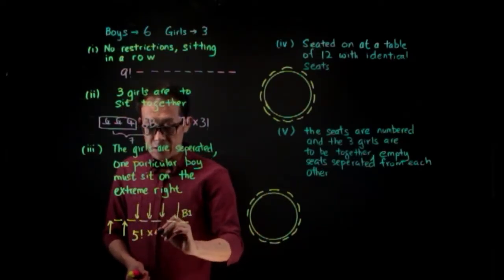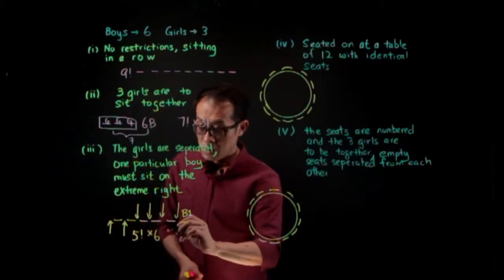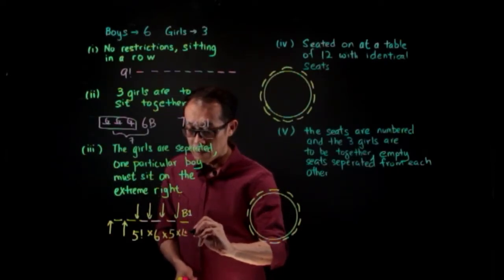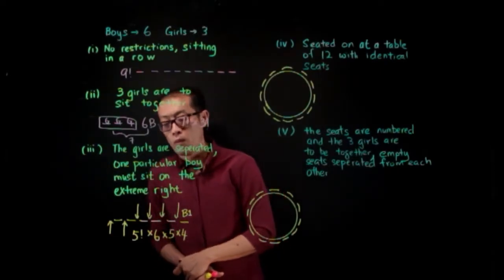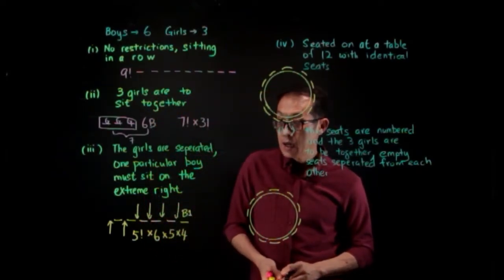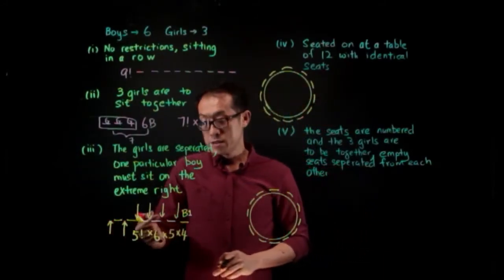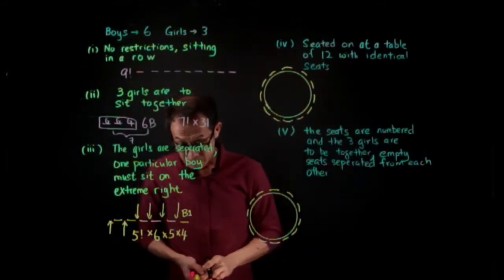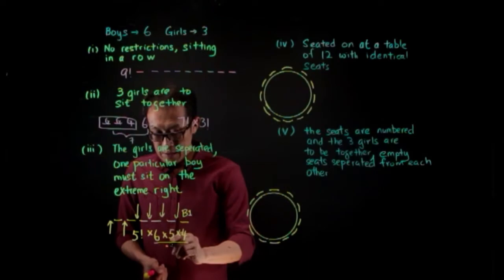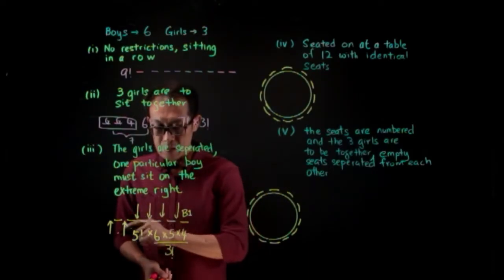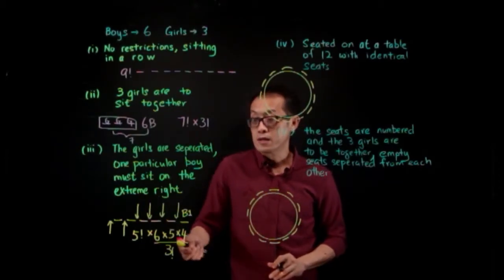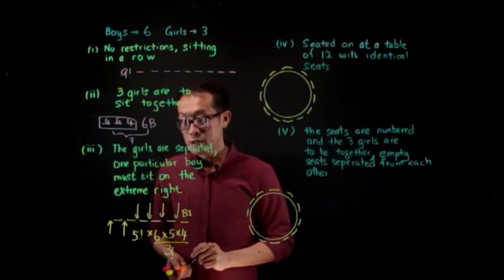The first chair will have 6 choices, followed by 5 and 4. Now, the chairs are similar, so you need to divide this by 3 factorial. This is for part 3 of the question.